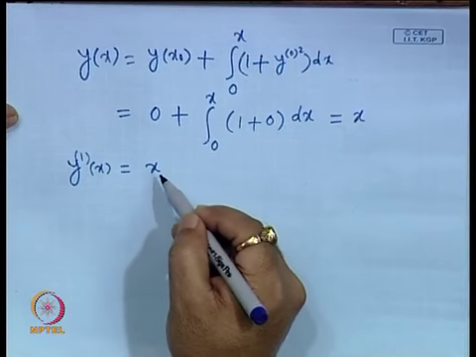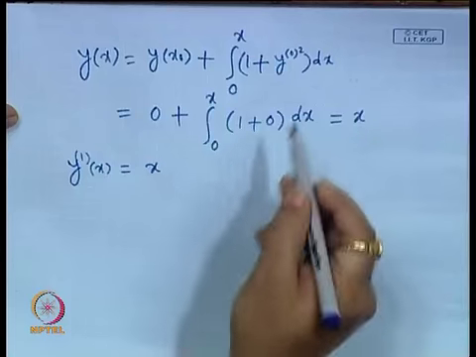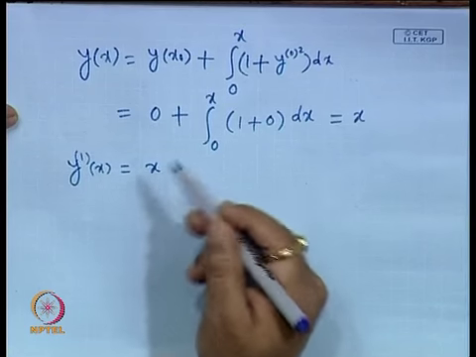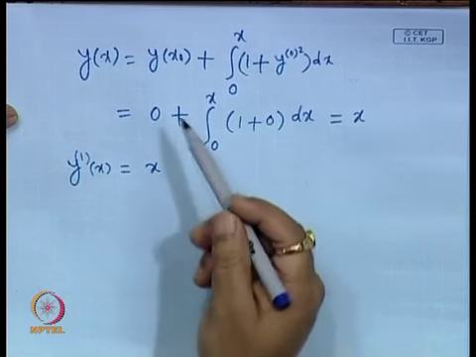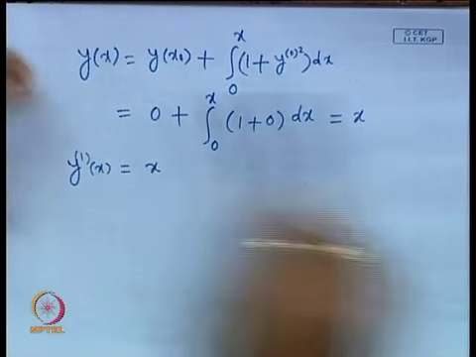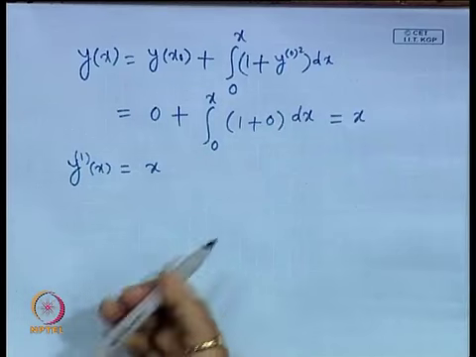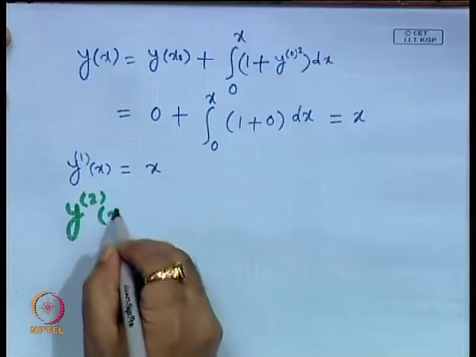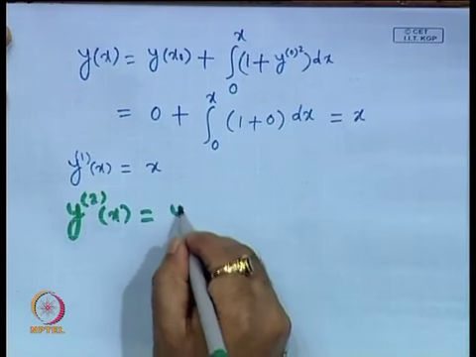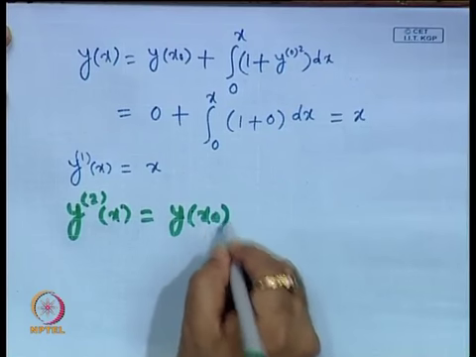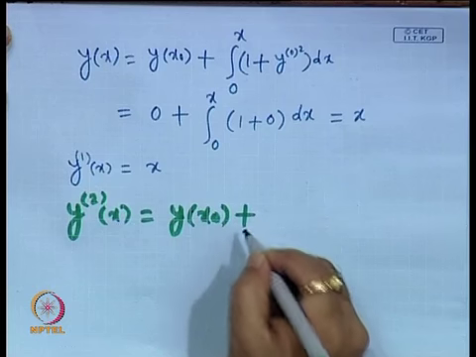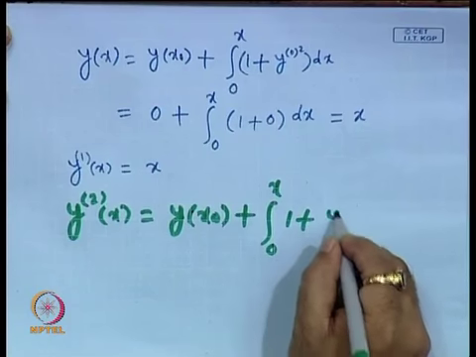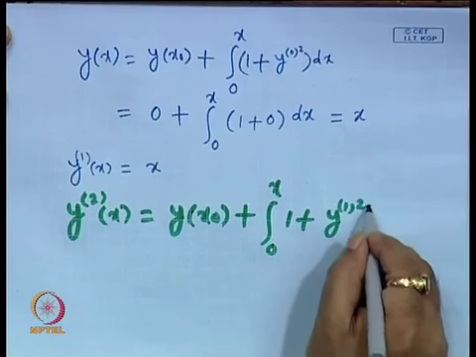So, now we expect that this is a refinement over the initial guess. Now we would like to make use of this and get the next approximation. Let us see how we do it. So, we define y 2 x as y x 0 plus the integral from 0 to x of 1 plus y 1 square.